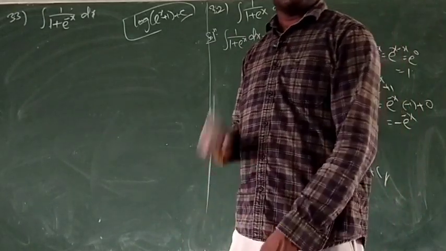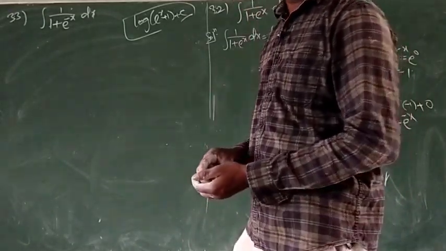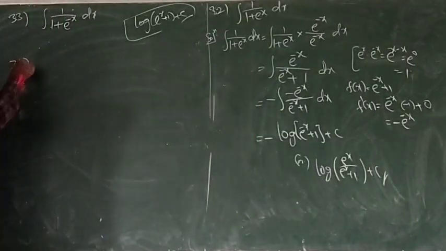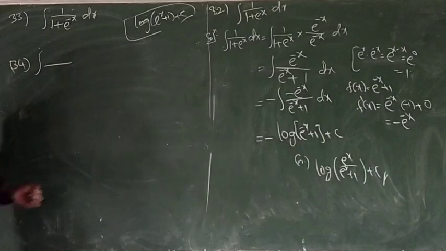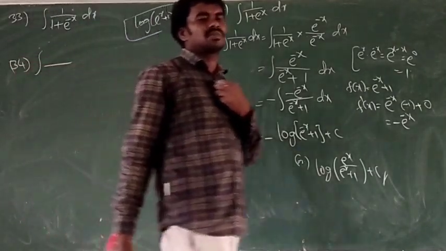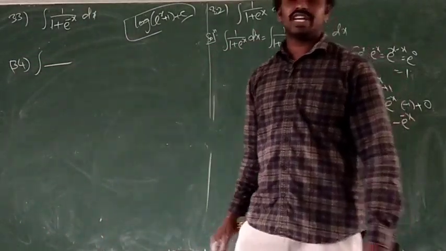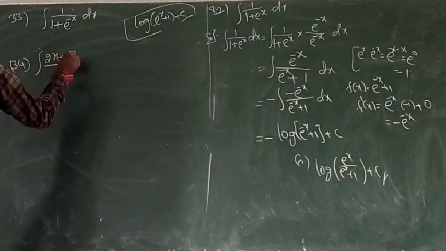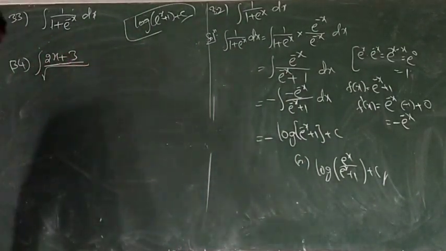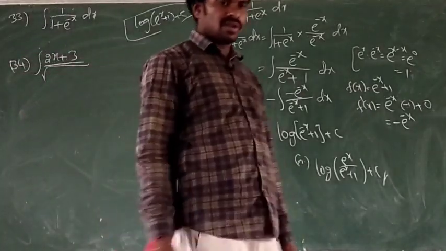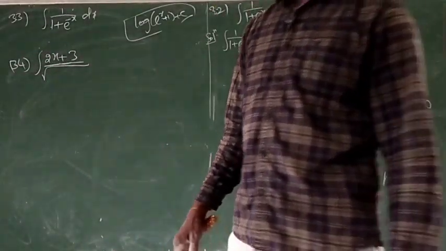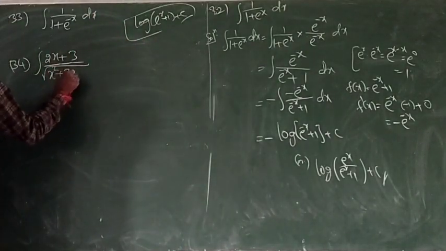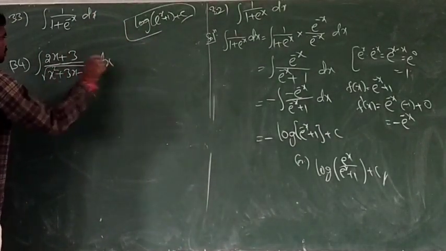Next, one more problem, 34. With this question I will close this part. I am completely tired. Integration of 2x plus 3 by root of x square plus 3x minus 4 dx.